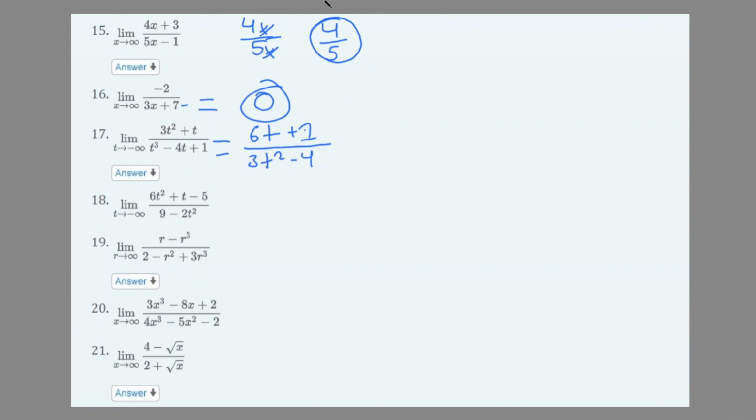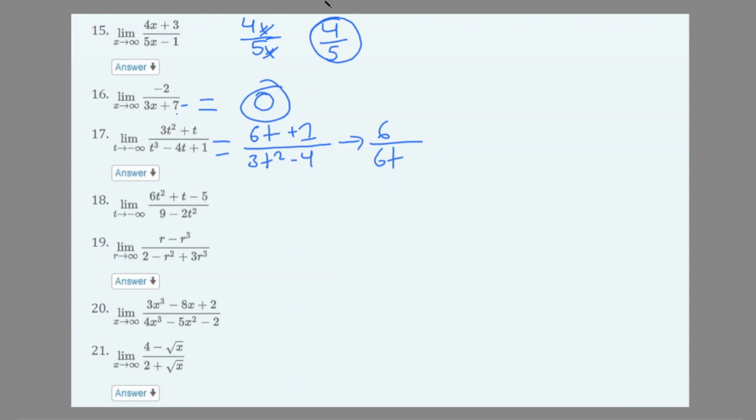And let's find the second derivative because we want to get rid of the t's, or as much as possible. So the second derivative would be 6 over 6t. So what we could see here is that the denominator power is actually greater than the numerator.